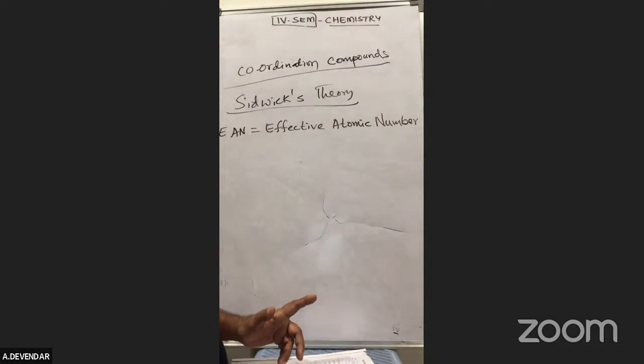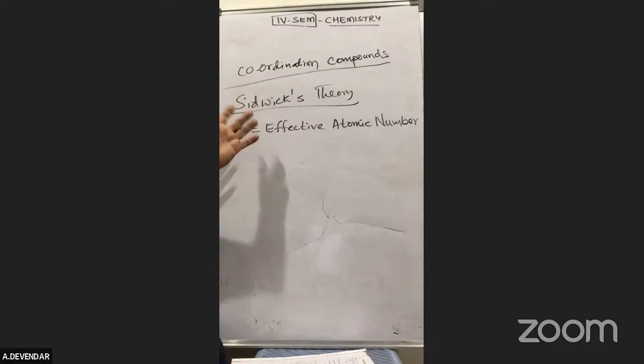Werner's theory is explained on the basis of secondary and primary valency only. When the secondary and primary valencies are more easily present, the compound is more stable. But Sidgwick explained it on the basis of effective atomic number.